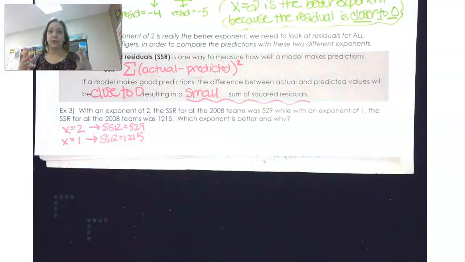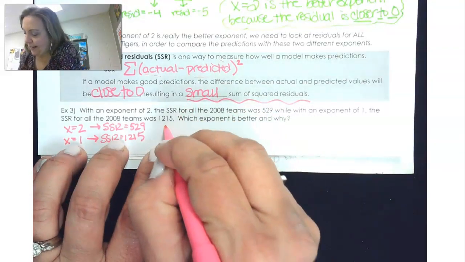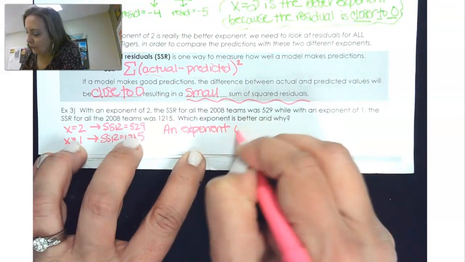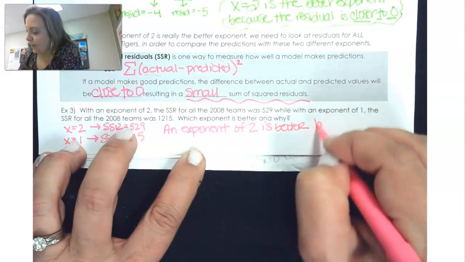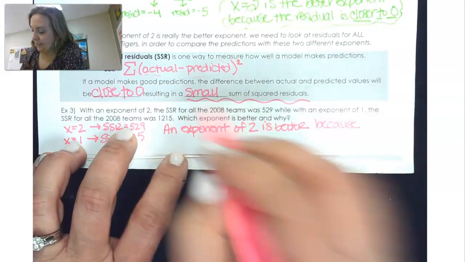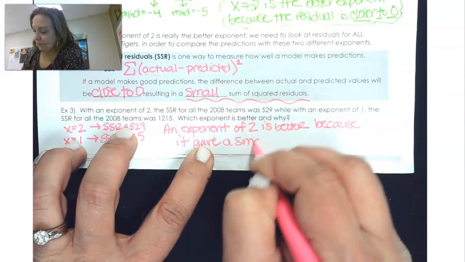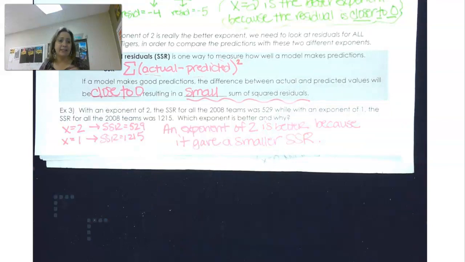Again, in this case, the one that's closer to 0, and because we're dealing with the sum of squared residuals, we can say the one that is smaller. So we can say here that an exponent of 2 is better because it gave a smaller SSR. You can also say an SSR that's closer to 0, that's fine. That way you can use the same reasoning for each one.